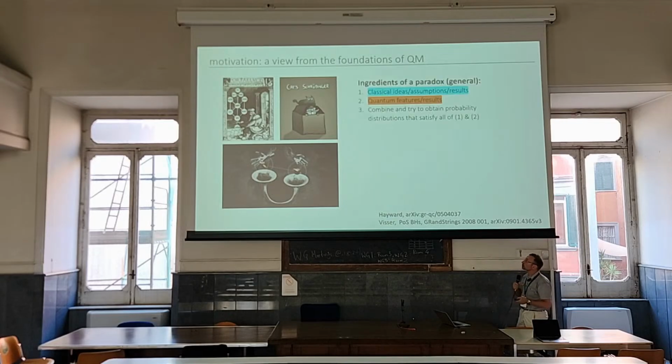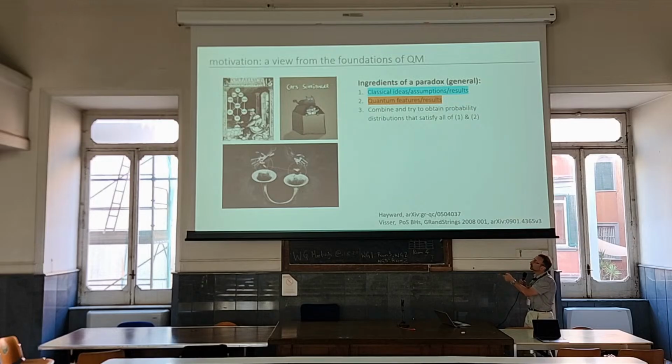But more seriously, what are the ingredients of any decent paradox in quantum foundations? First of all, we have classical ingredients, classical components, classical assumptions of the story. Then we have quantum results that we would like to preserve.